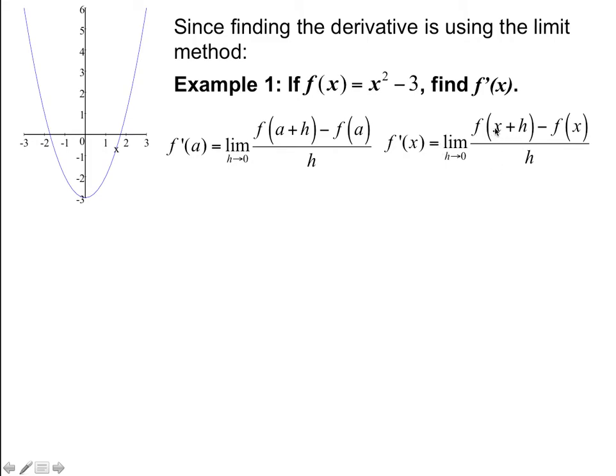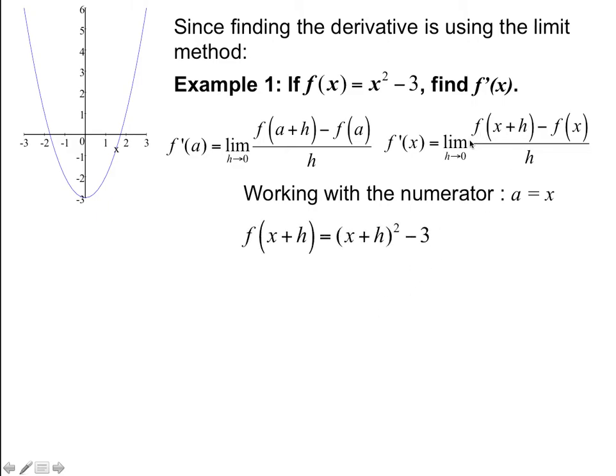But in Chapter 3, we don't have a specific point, so we're replacing the a with an x. So we have the limit as h approaches 0 of the function with x plus h put in here, and then minus the function with x put in here, which we already have, all over h. So notice we're working with the numerator where a is just x.